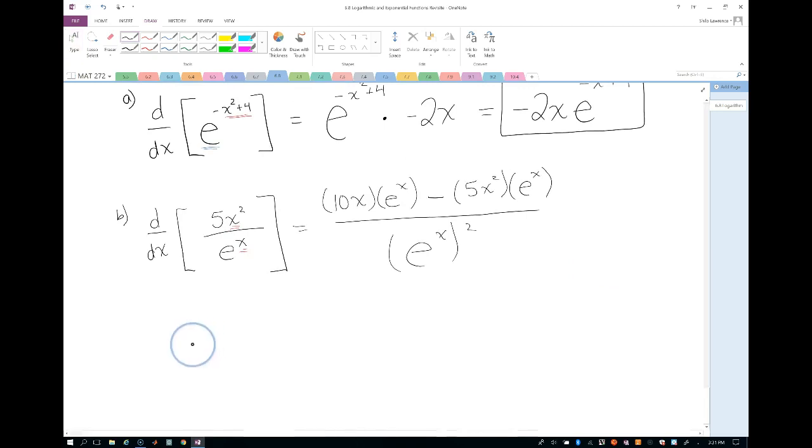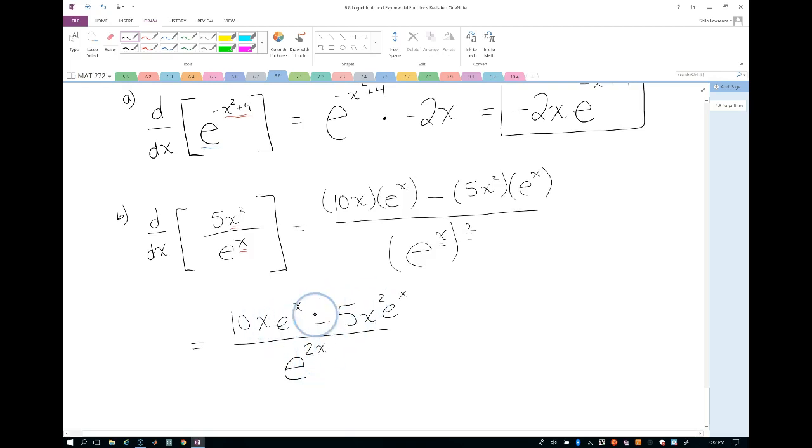So we can clean this up a little bit, and there's some algebra simplification we could do as well. What we have here is 10x e to the x minus 5x squared e to the x all over e to the x squared. Now, one power raised to another power, they get multiplied, so that's e to the 2x.